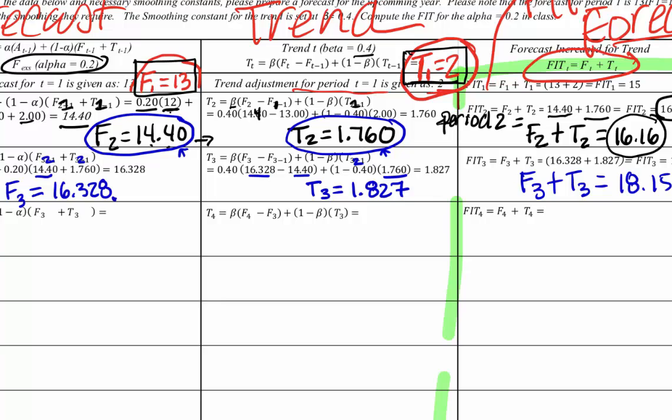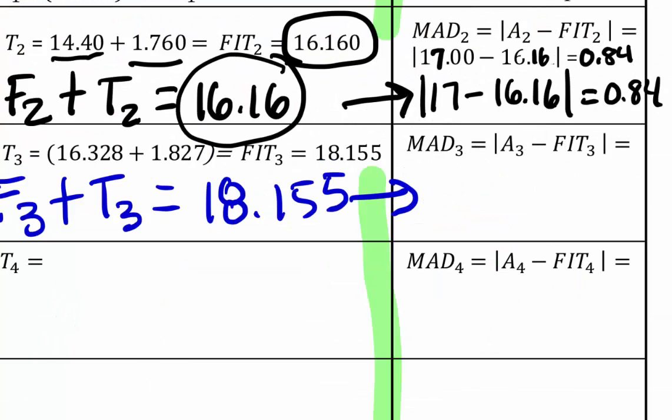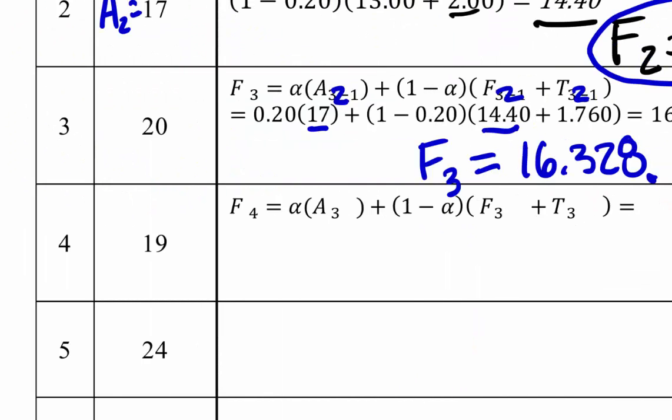We can calculate then our forecast error. So we take the absolute value of A of 3 minus the FIT of 3, so that's 18.155. I have to go back here and look at what A of 3 is. A of 3 is equal to 20.